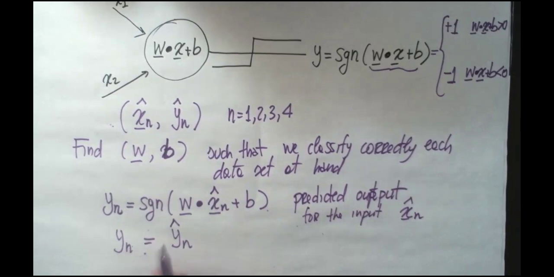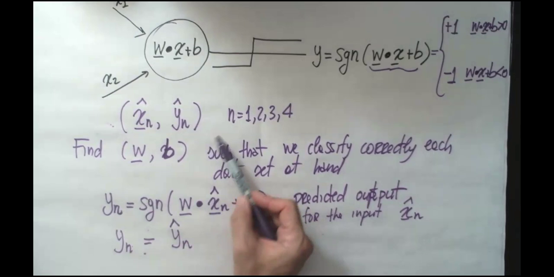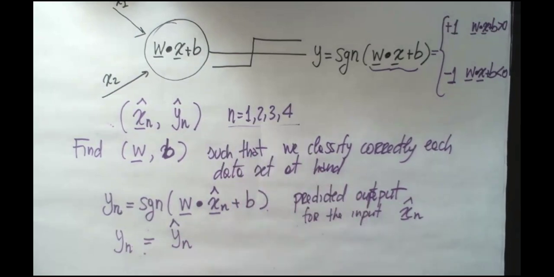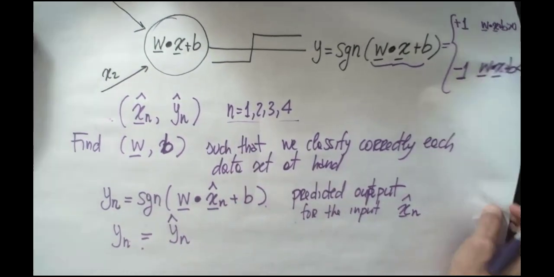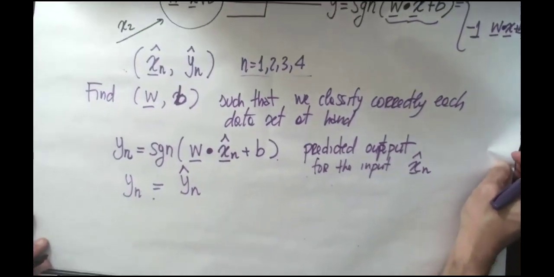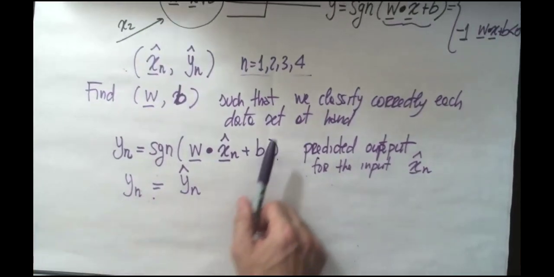And this has to be true for all 4 data points. What does this quantity mean?